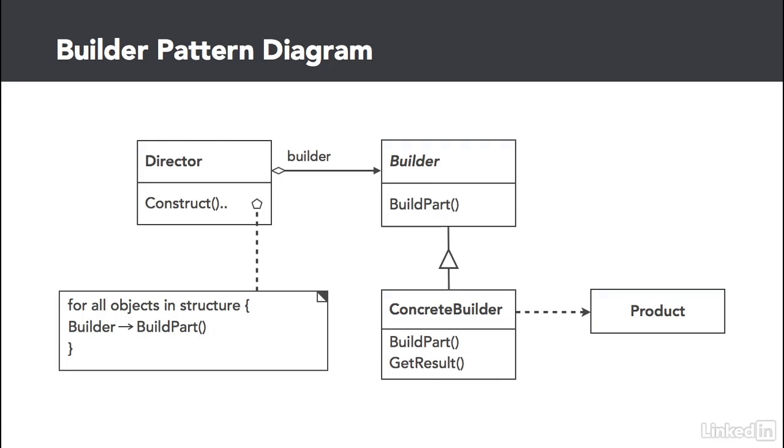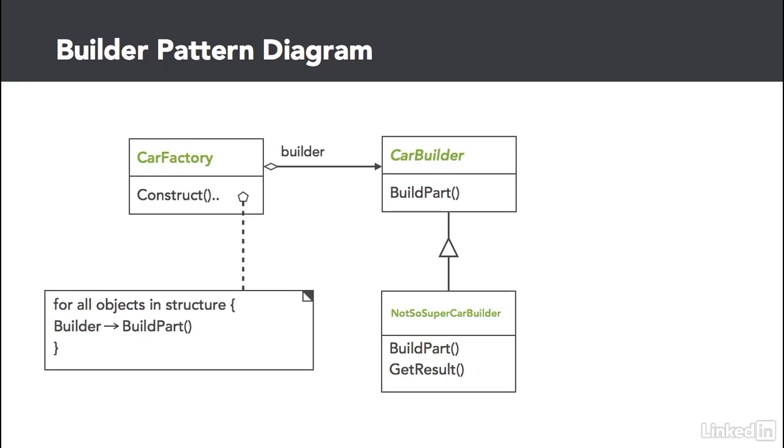And what we're going to do is demonstrate this builder pattern in which different cars are assembled in a step-by-step fashion. We're going to have a car factory that uses car builders to construct two types of cars in a series of steps. So our diagram will look like this. The director in the upper left-hand corner is going to be our car factory.